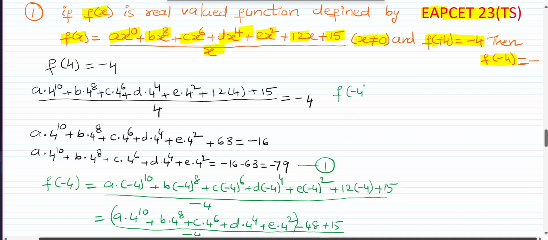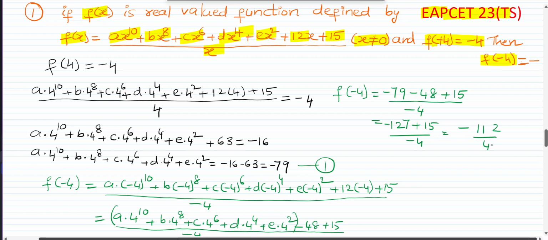So f of minus 4 is equal to minus 79 minus 48 plus 15 by minus 4, that is equal to minus 127 plus 15 by minus 4, that is equal to minus 112 by minus 4. 4 8s are 32, the minus signs cancel, that is equal to 28.